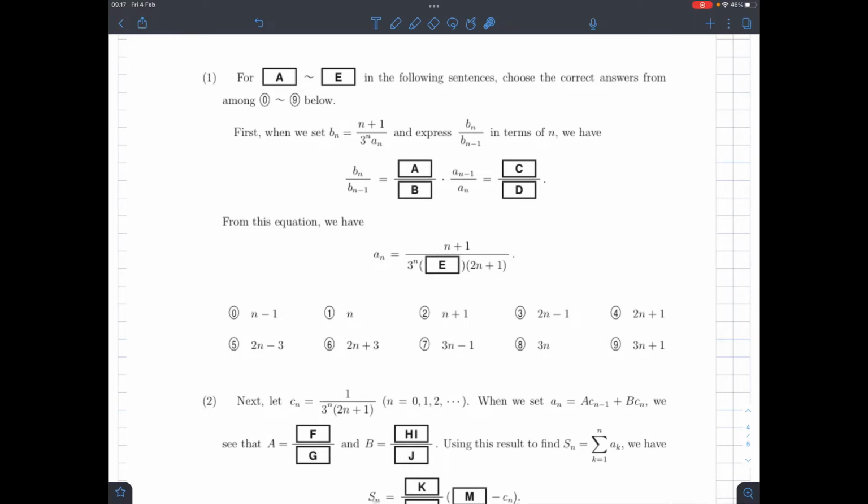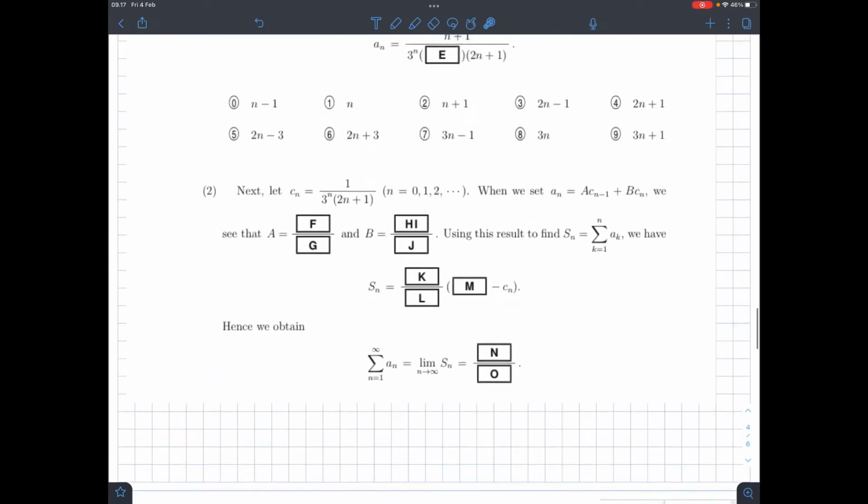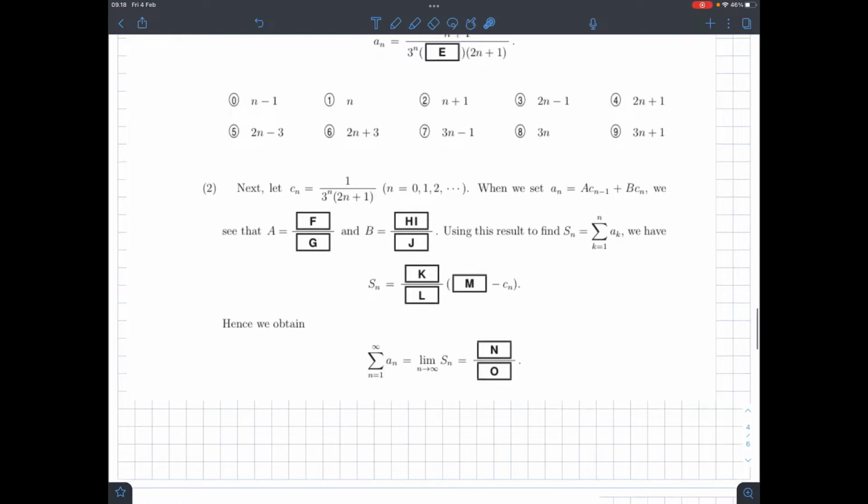They also give you the steps and clues here, which we will use later. In the second part, they give another clue, and we will fill in all of these later with the correct number or correct sign, like a negative number maybe. Okay, let's do it.